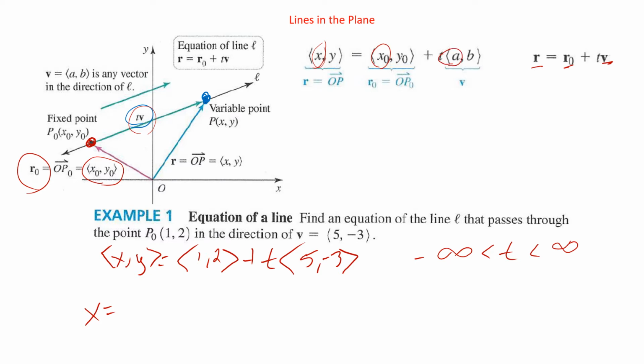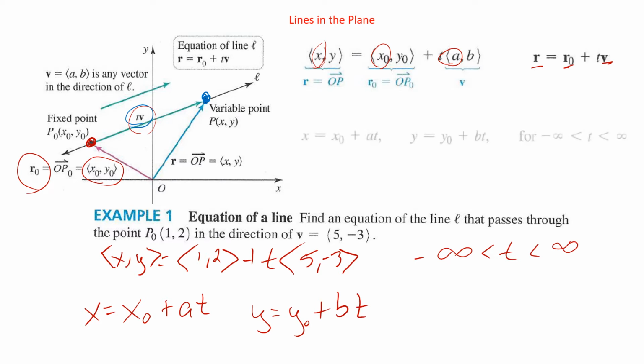We usually go a times t because ta gets people giggling. So we go x naught plus at. And then y will equal y naught plus bt. And again, t is going to go from negative infinity to infinity.